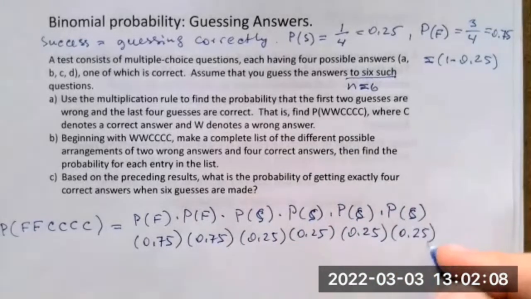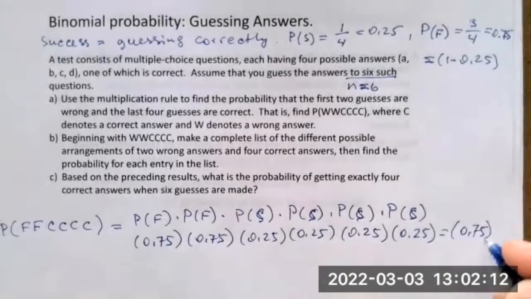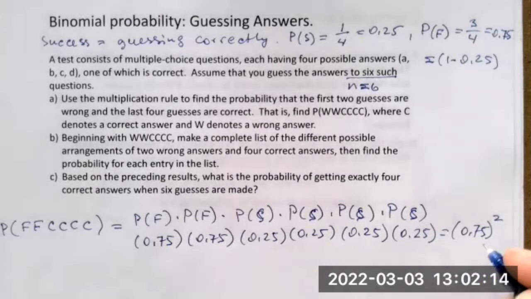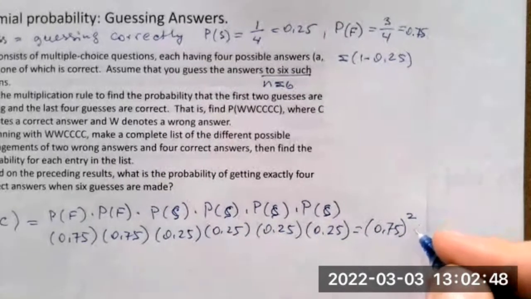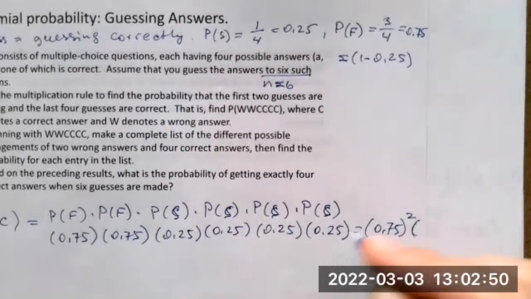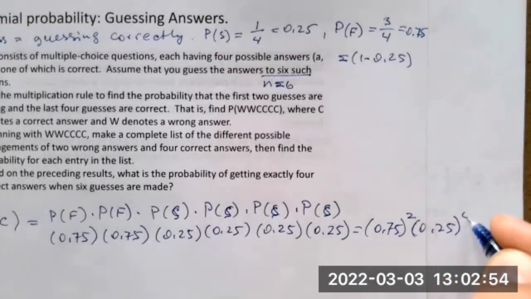So in the end, this is 0.75 raised to the second power multiplied by the probability of success, 0.25, 4 times. And when I put it into a calculator, I will get approximately.